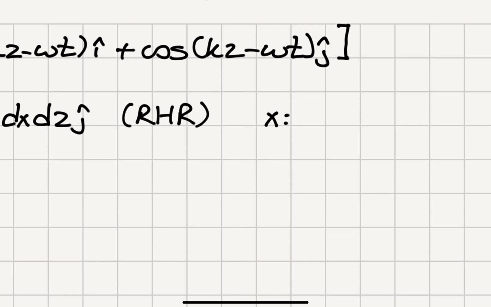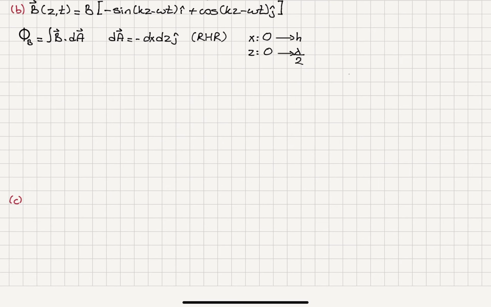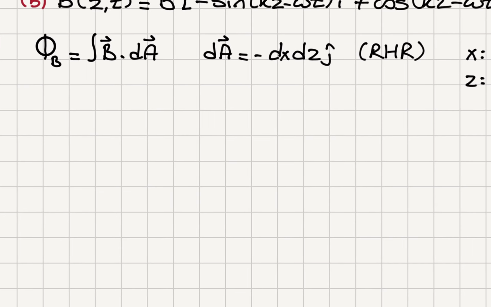So here x goes from 0 to h, and z goes from 0 to lambda over 2. So that is going to span the whole area. All right, so let's start with this integral.